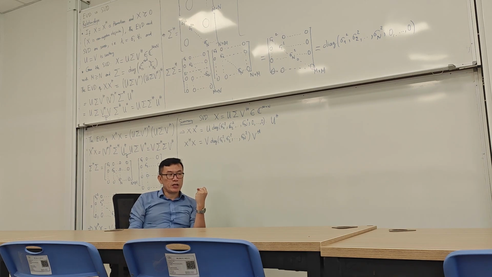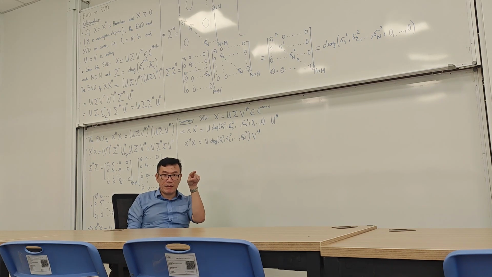For example, if I give you a matrix X and ask you to find eigenvalues, we know how to do it already. We build up the characteristic polynomial p of lambda, and then let p of lambda equal to 0. We can find out the eigenvalues.